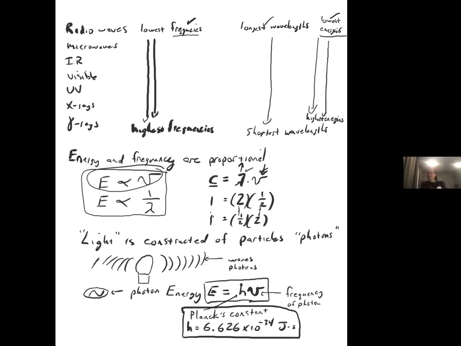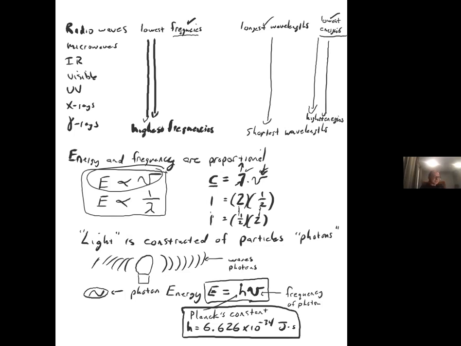I'm not going to talk too much about Planck's constant. It's a fascinating constant. The value of it has certain ramifications for our universe, but it is a very small number. Notice how small it is, 10 to the minus 34. The fact that it's so small is actually the reason that atoms behave very differently than people or planets. They have different properties based on the size, and that has to do with this Planck's constant.